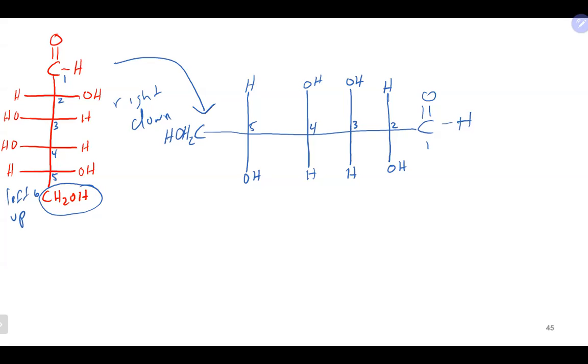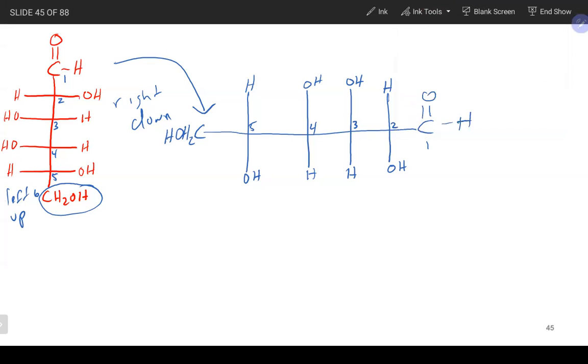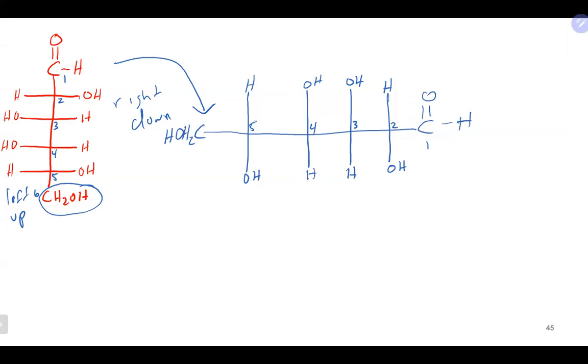All right. Now, the hectose, what that means is it is always going to be the last chiral carbon, or carbon number 5, but it will usually be the last chiral carbon. It's going to go and find the double bonded oxygen. And this is really going to tell us how many carbons we need in our ring structure.